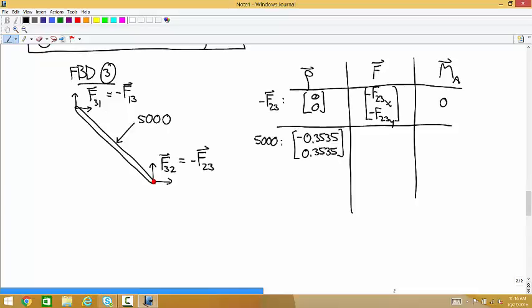And the force is at an angle of 225, if you wanted to do it as an angle, or you can think of it as just cosine and sine of 45 in the third quadrant. So 5,000 times negative 0.7071, negative 0.7071, which I think actually just comes out to negative 3535, negative 3535. That's times 5,000. That's the force.